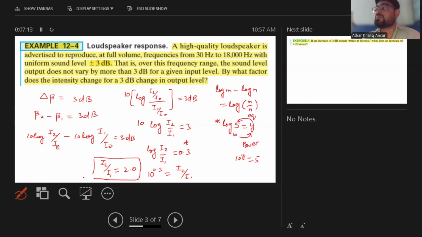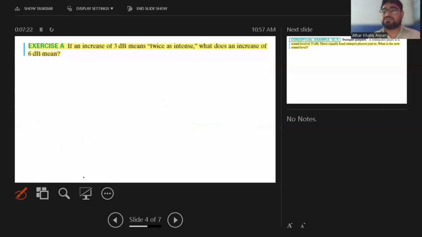The next one which I am going to do is very important for exam preparation. The question says an increase of 3 decibel means twice as intense. That means if beta 2 minus beta 1 is 3 dB, I2 will be equal to 2I1, or I2 over I1 will be equal to 2.